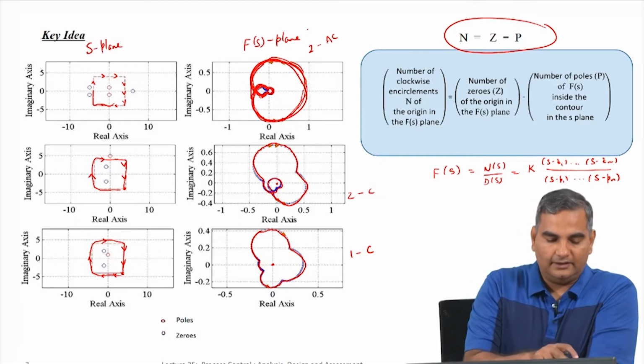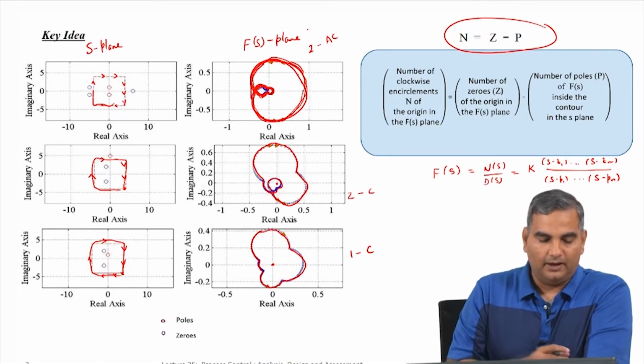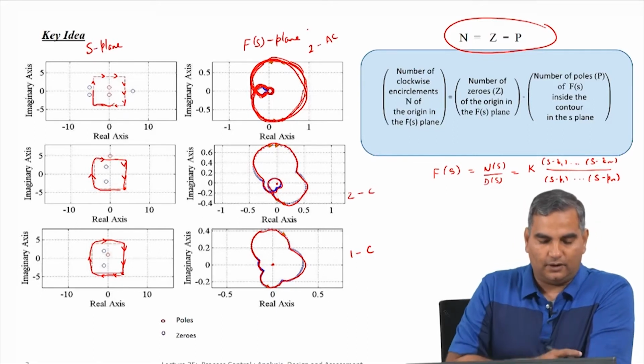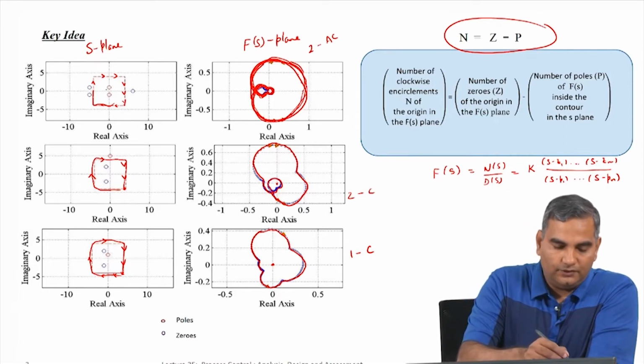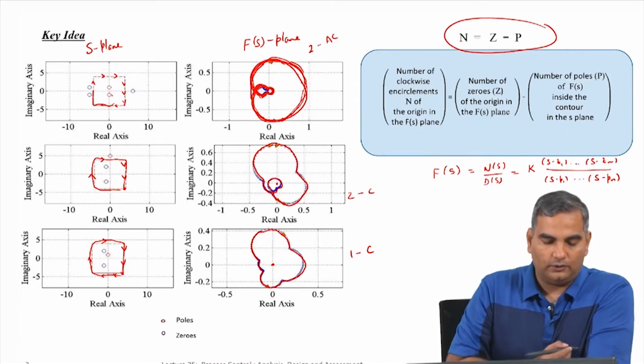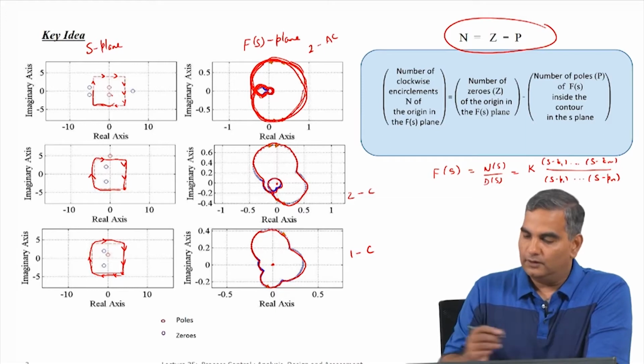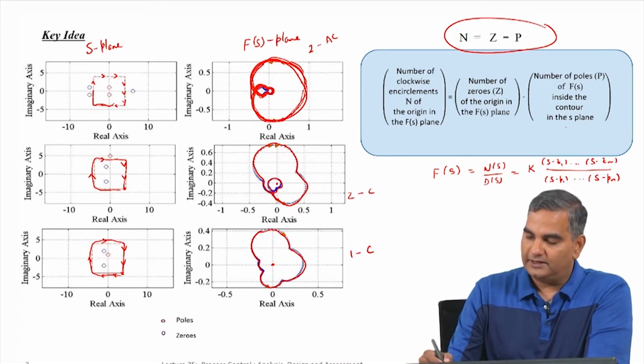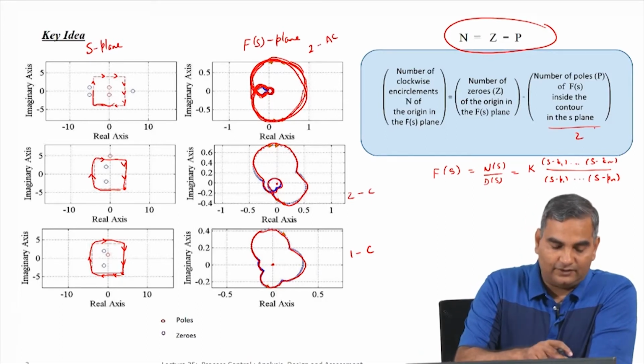So, if you take this f of s for example, and you went for this contour, if you notice within the contour, inside the contour there are 2 poles. So, the number of poles inside the contour in this case is 2. Though the f of s itself has 3 zeros, the way we have chosen the contour, we have excluded all the zeros here.